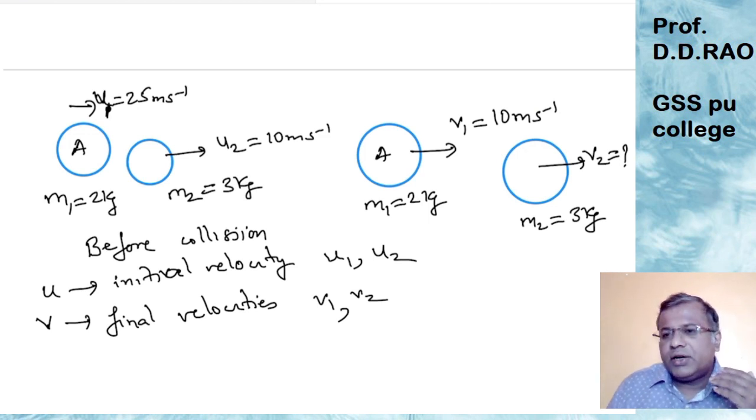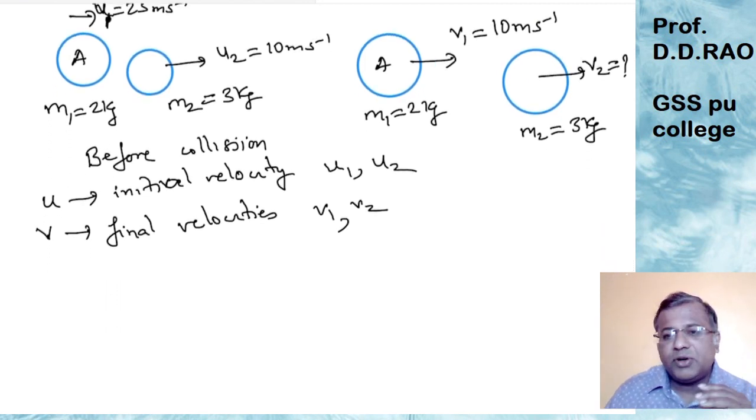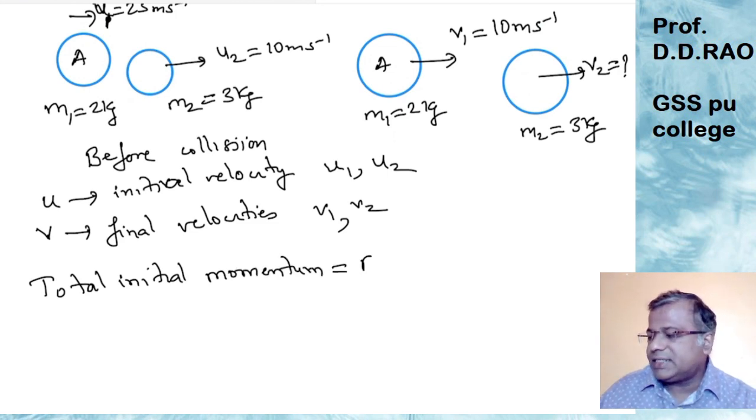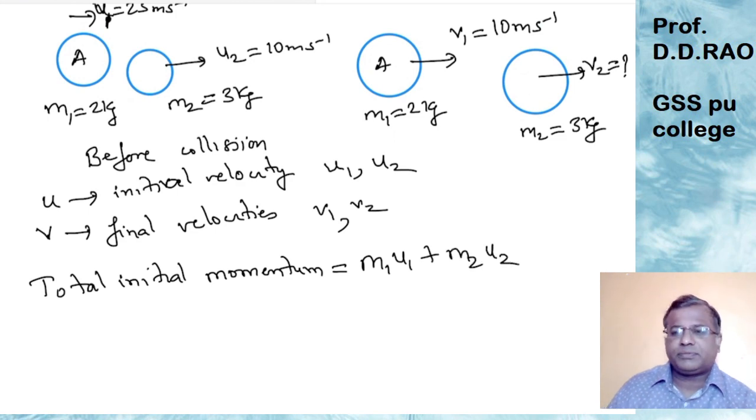So how do I find total initial momentum? I'm not saying individual initial momentum, I am saying total initial momentum. If I just calculate, it is m1 u1 plus m2 u2.